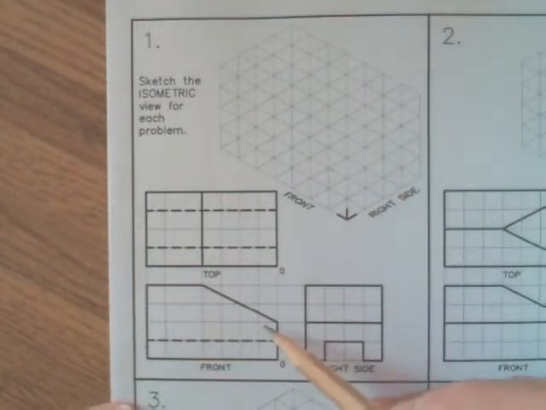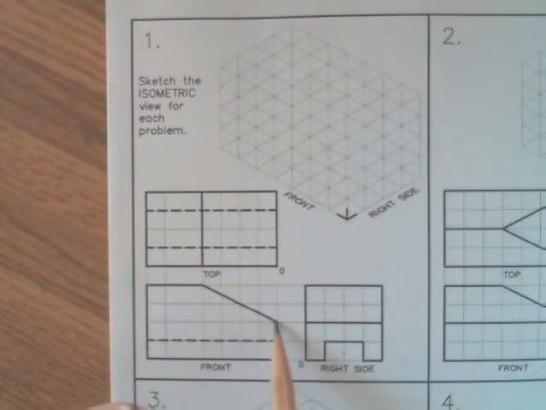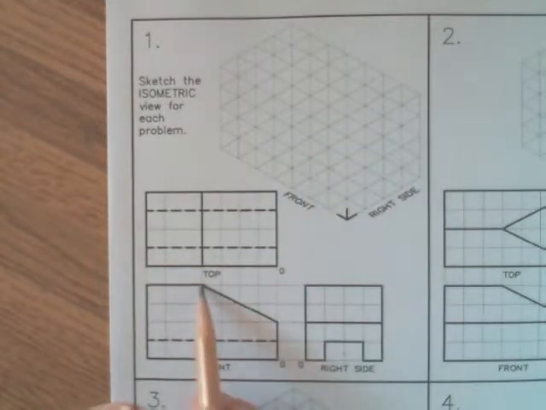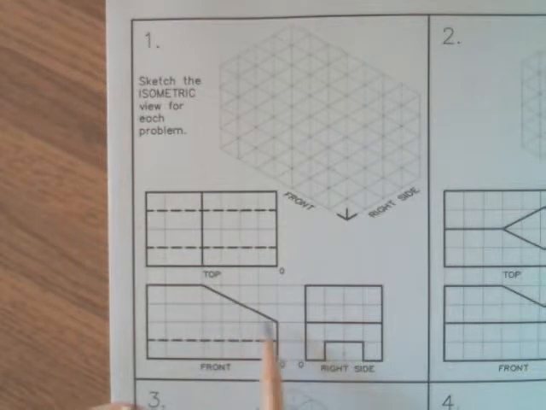In transferring measurements, we can't transfer an angle from here to here, but we can transfer corner locations from, for instance, the front view to the isometric view up here. I also noticed from the right side view that the front and the rear of the object are both flush without any cuts.